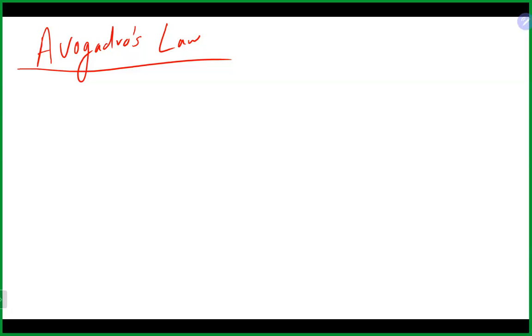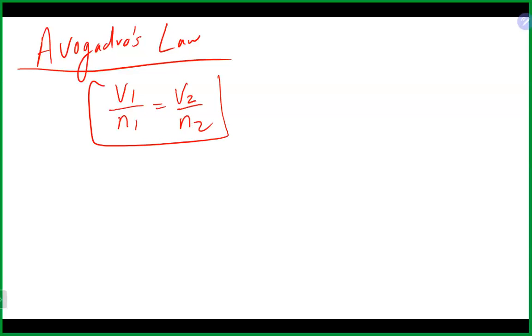So not surprisingly, his gas law involves moles. It is V1 over N1 is equal to V2 over N2. And this is at constant pressure and temperature, so 2 constants in this case. N is the moles and V is volume here.